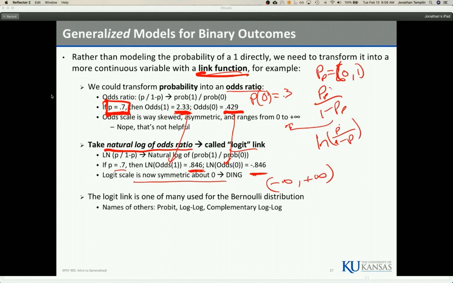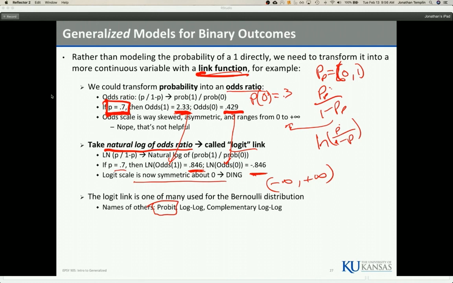But I will tell you that there are many options for the link function that you can choose. This is where people from different fields tend to rely on different things. For instance, a probit model is something you might find in econometrics or business, where we have a different version of mapping a probability onto a real number line.